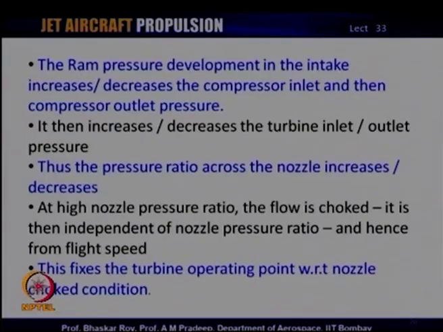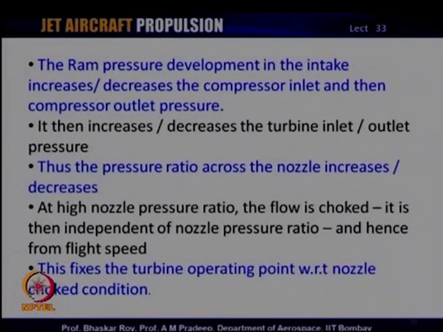We see here that the absolute values are also important, because that absolute value at the inlet to the nozzle sets up the nozzle pressure ratio, which then operates according to the pressure ratio laws. So, the absolute values also need to be computed and figured out.